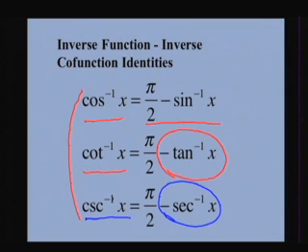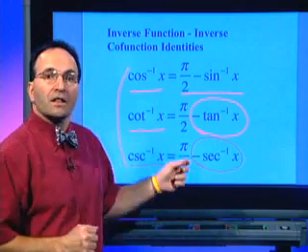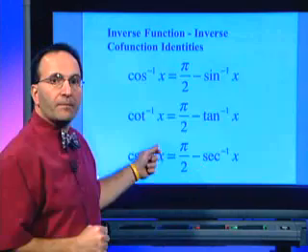So the 3 formulas we've already looked at, we can use and apply to finding the derivatives of these other 3 inverse trig functions. Let's take a look at an example.